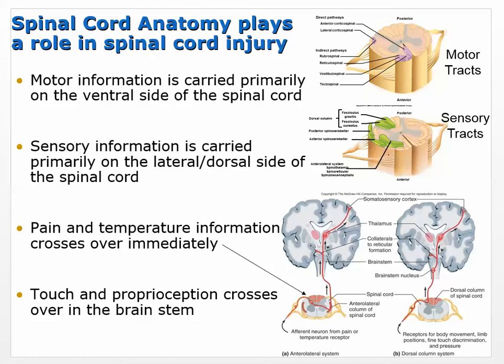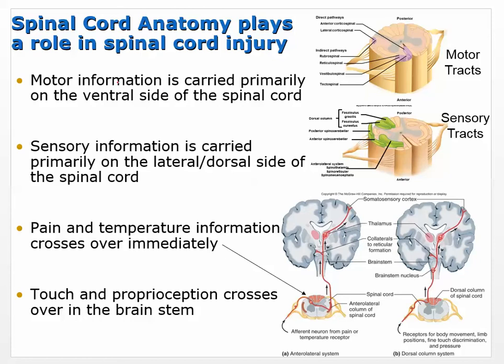The white matter part of the spinal cord are just tracts that are taking sensation up to the brain, and motor control down from the brain. So really it depends on where the injury takes place. If it's not complete, it depends on where it takes place as to what the symptoms are going to be, so what's going to be affected.